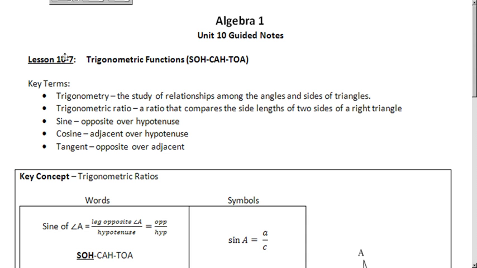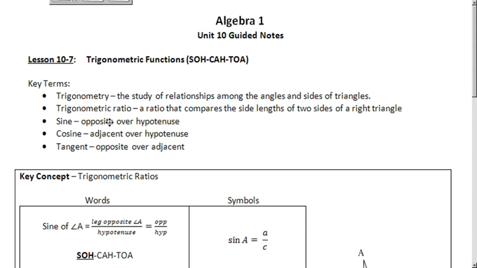But the big thing here is these three terms today: sine, cosine, and tangent. Sine is opposite over hypotenuse. Cosine, adjacent over hypotenuse. You guys should know what hypotenuse means. We talked about what opposite is. The hypotenuse is opposite of your right angle.